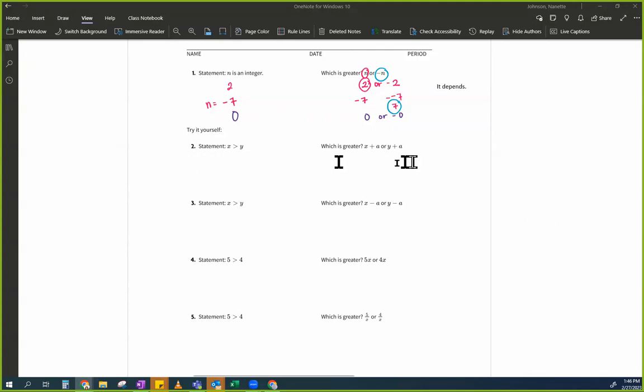All right, so what do you guys think about this one? Who wins, x plus a or y plus a? Come on, let's vote. Vote in the chat. Let's go. I only have 3 people voting.